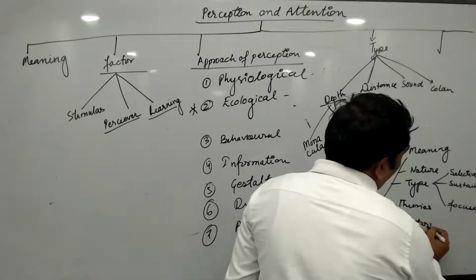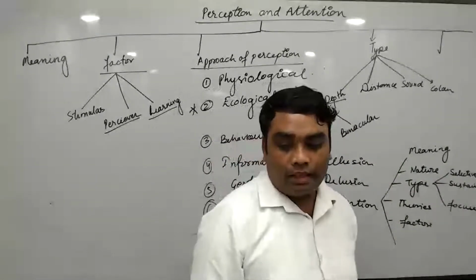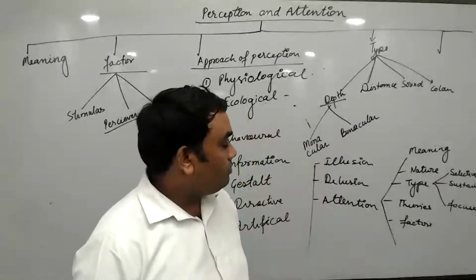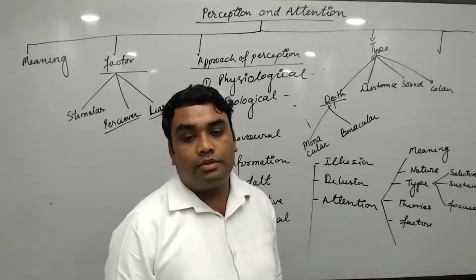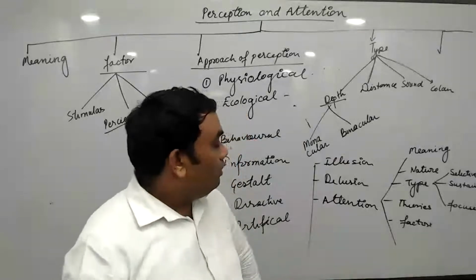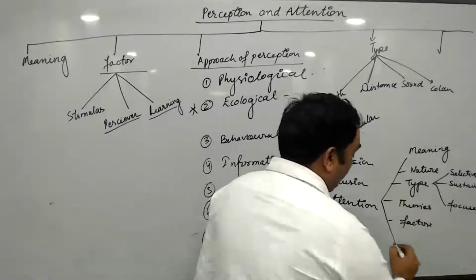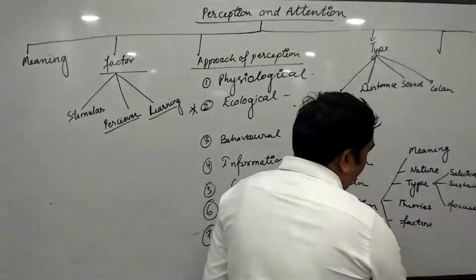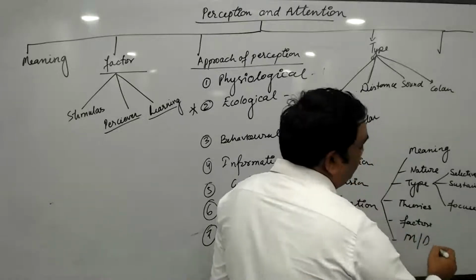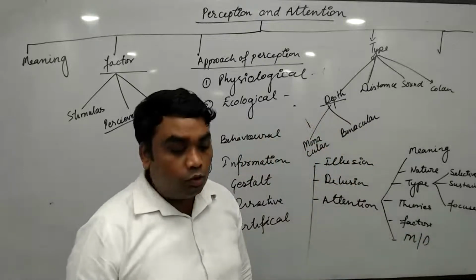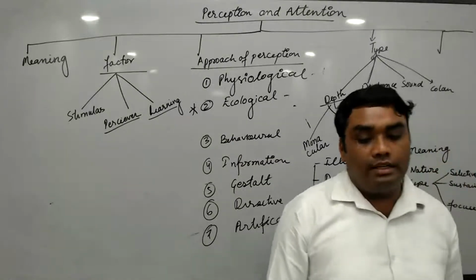What factors affect our perception? There are a lot of factors which affect our perception. Other is limitations, merits, demerits, you can put in because it is a normative psychology. Psychology is a normative science, so you can put merits as well as demerits everywhere.